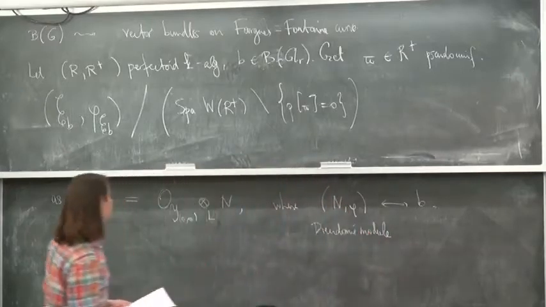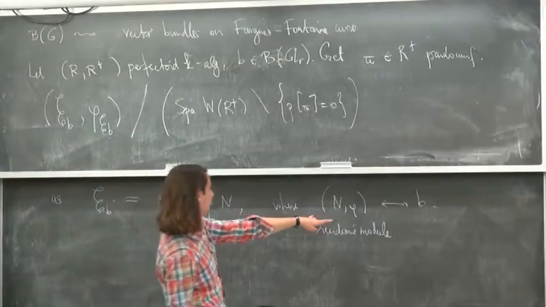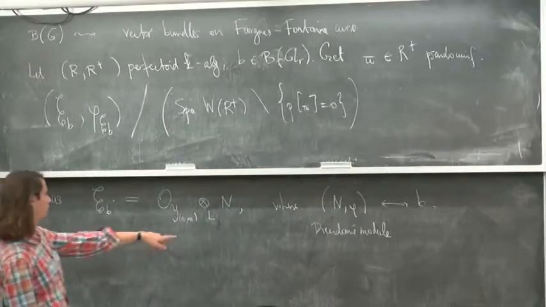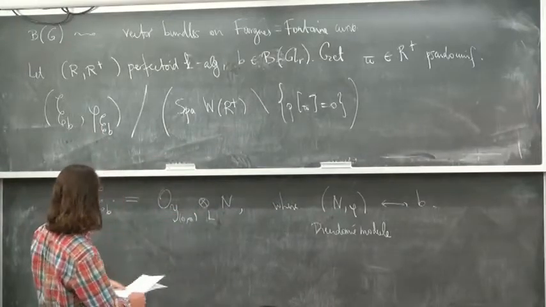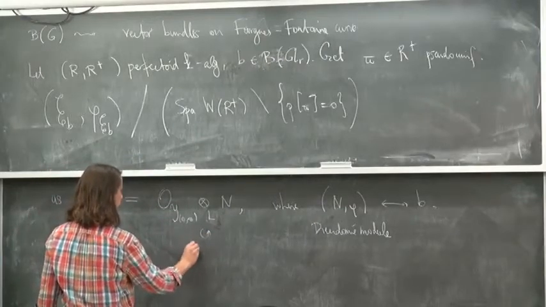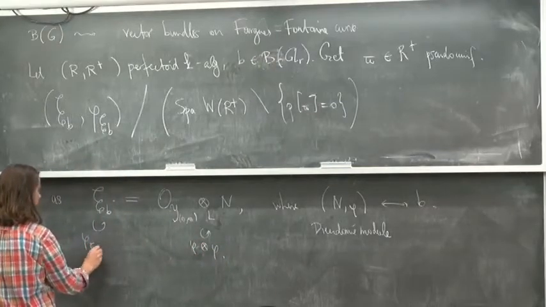Okay, so this B corresponds under this dictionary to a Dieudonné module N with phi, up to isomorphism maybe. And so you just take the structure sheaf of this space and tensor it with this Dieudonné module. And so here you have phi tensor phi acting. And so this gives you the phi-module.